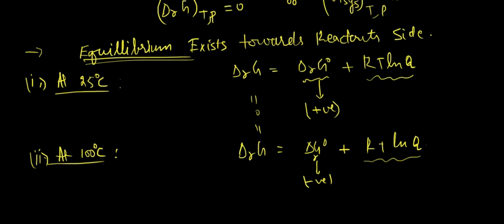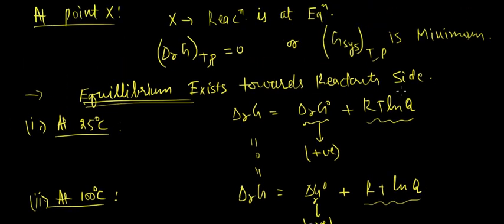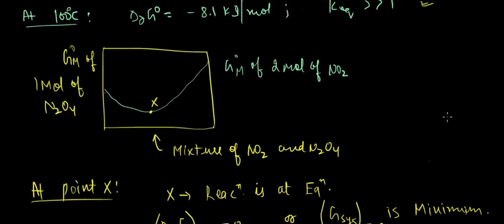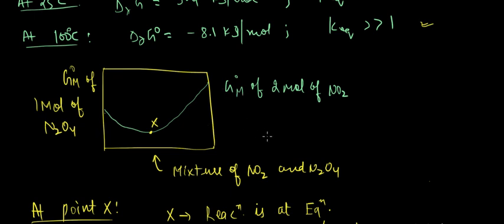Okay, and one more reason why equilibrium exists towards the reactant side is, we know that this is Gm naught for pure NO2 and this is Gm naught for pure N2O4. Now N2O4 is converting itself at equilibrium into NO2, so we get 2 moles of NO2 here.